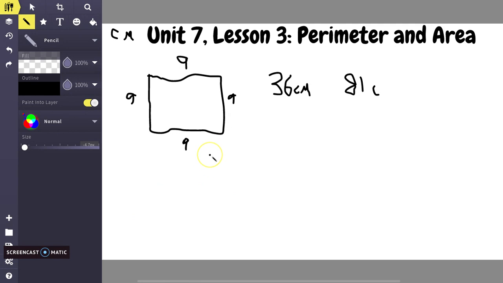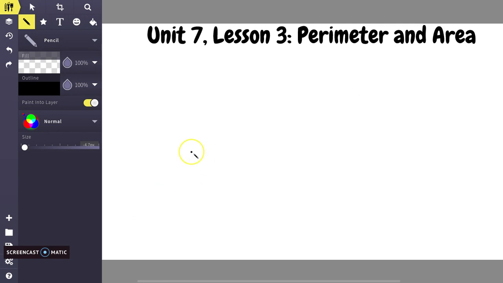So now that you understand what perimeter and area are measuring, let's figure out what it is for each other figure. Well, not every one, but just the ones that I make in this video. So let's look at this figure. Okay, let me try that again.